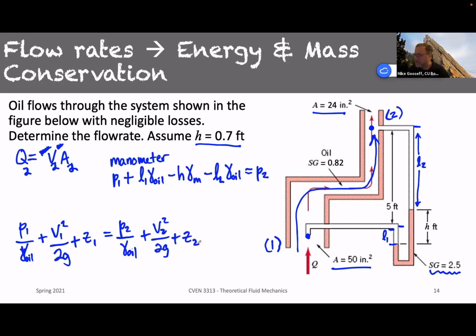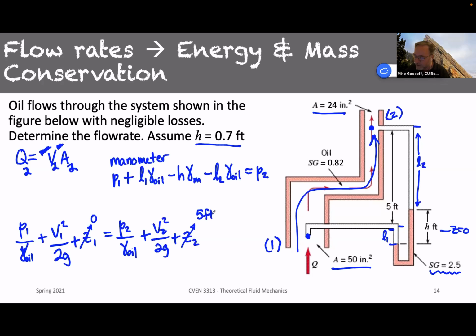Now, in this case, again, we can set this as Z equals 0 so that Z1 is going to be ignored. That's going to go to 0. We also know then that the height difference here is 5 feet. So Z2 is going to go to 5 feet.